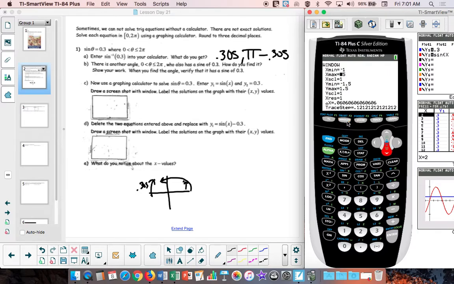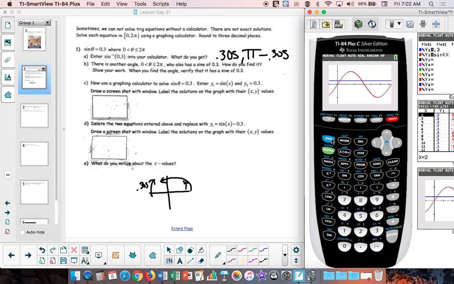I'm going to give us that -1 just for room, but you can type in 2 pi into this. It'll instantly change it into a gross decimal, but just know that it's 2 pi. So now we have our two solutions. And if we would have kept going, we would have had a third solution, but remember, 0 to 2 pi.